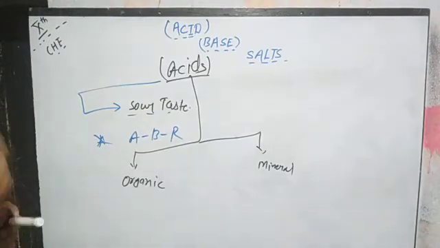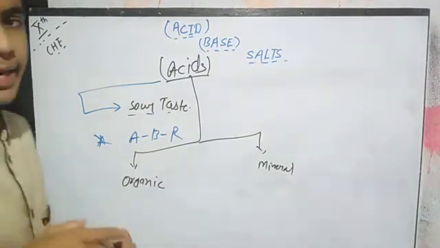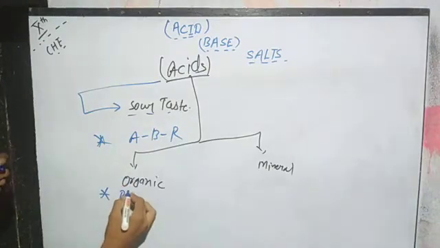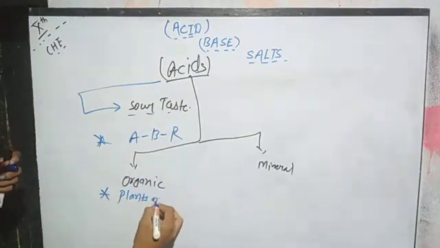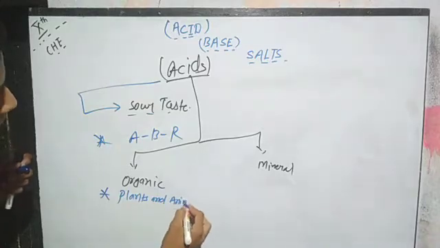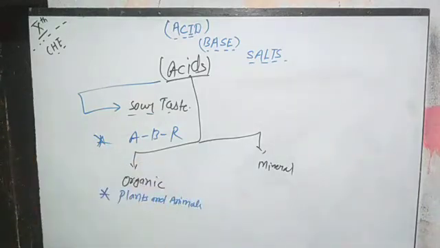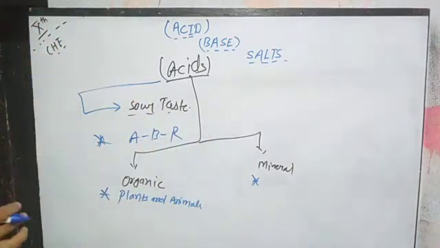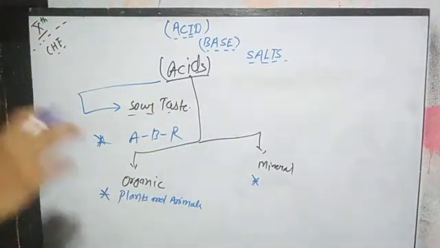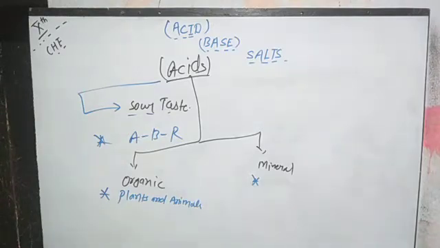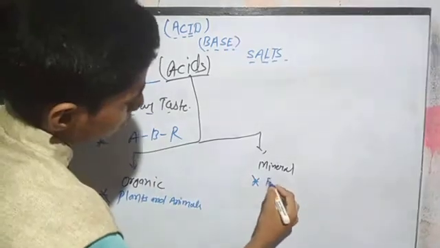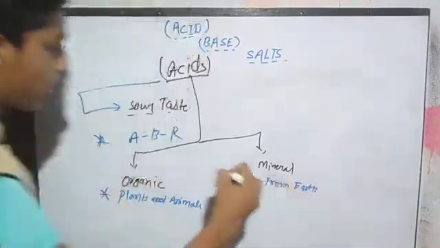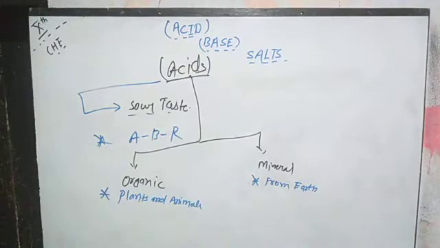Organic acids are those acids that we get from plants and animals. What about mineral acids? Mineral acids are those acids which we obtain from the naturally occurring minerals from the earth. Don't get confused that from earth means soil. No, from the minerals.